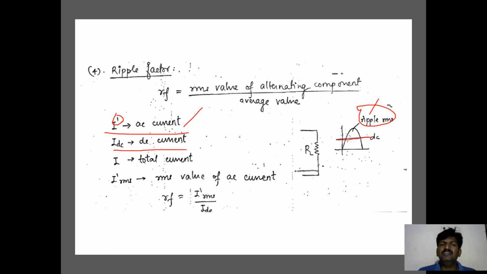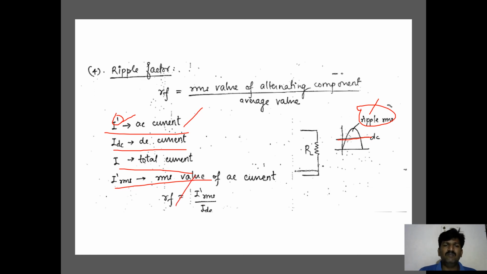It is the purely DC current existing in the output. In the rectified output there is an AC component and a DC component, or AC current and DC current. This I dash is the AC current present in the DC current. I dash RMS is the RMS value of that AC current.